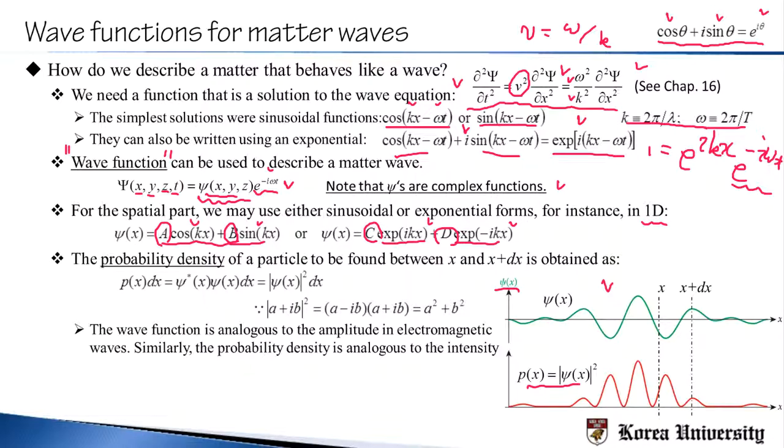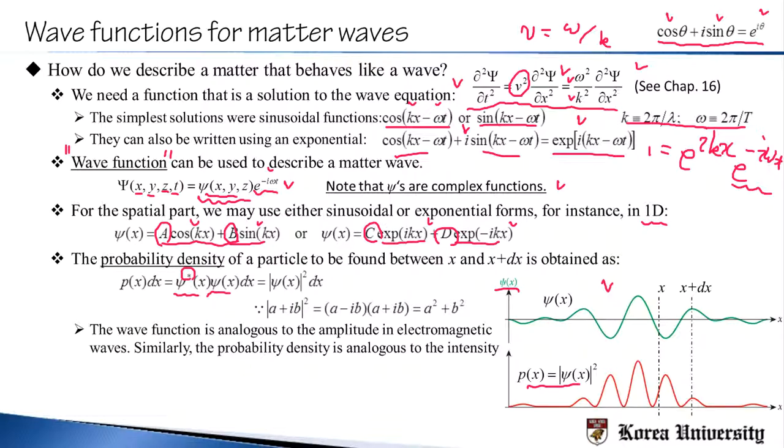So you cannot directly take the square, because if you take the square of a complex number, it may again become a complex number. And the probability must be a real number. So how do you get a real number from a complex number? You have to multiply the complex number by its complex conjugate. That's what we are doing.